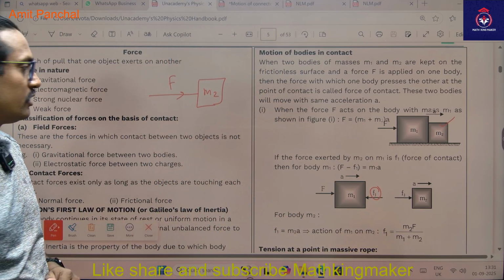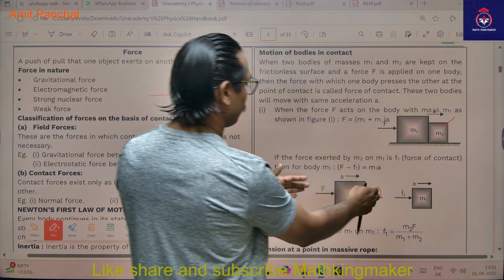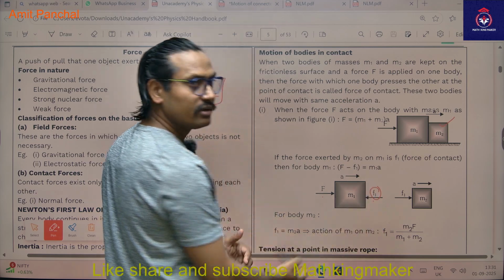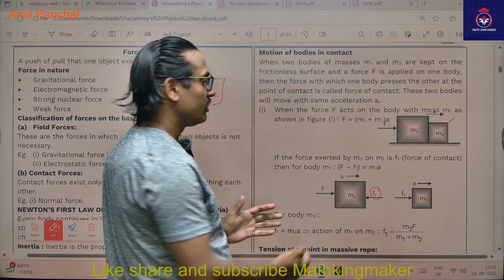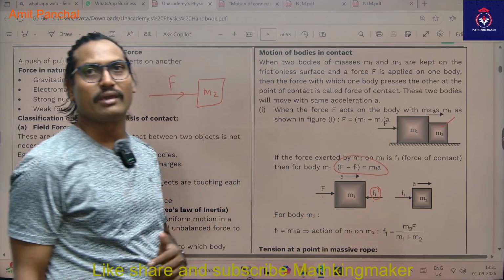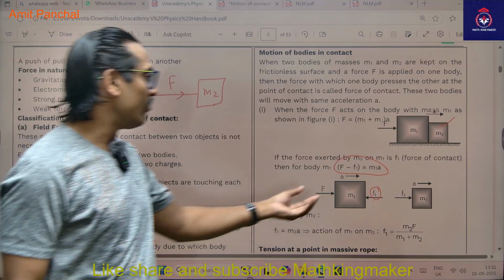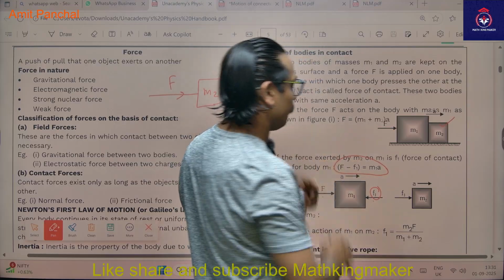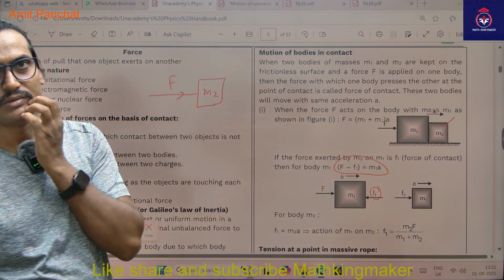So how much will be the resultant force? The resultant force will be F minus F1. So F minus F1 equals M1A. M1 will be in motion, but the resultant force will be F minus F1. Isn't it?